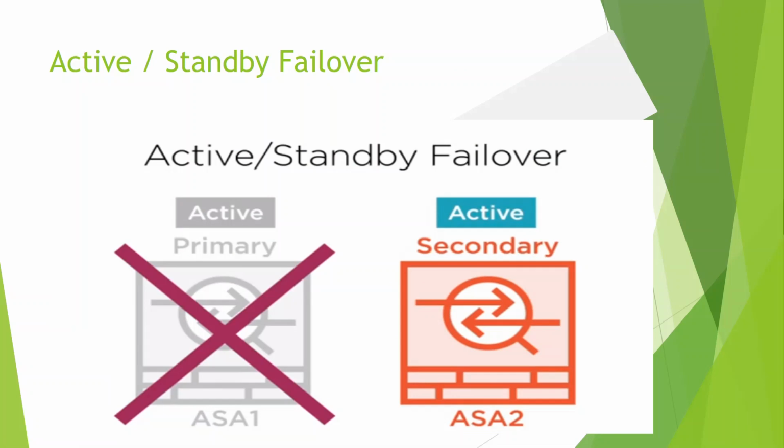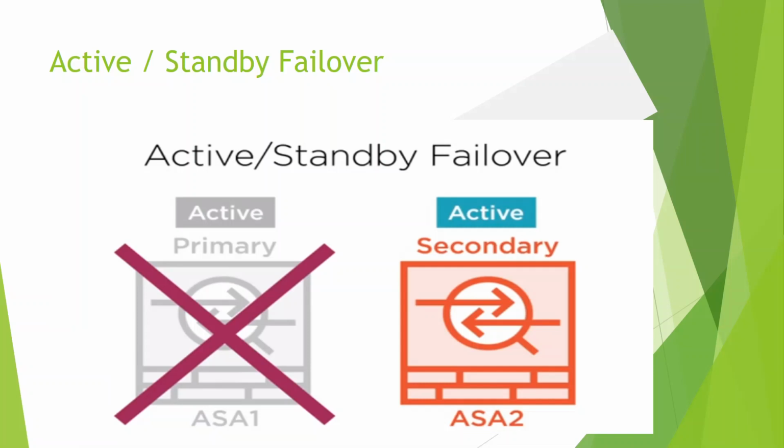The one thing I will point out here is that some connections are going to be re-established. For example, if you are doing AAA authentication, you're going to have to re-authenticate your connection to the device once the switchover has taken place. So that's the active standby failover.